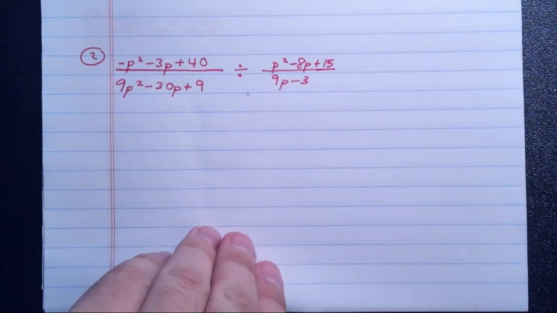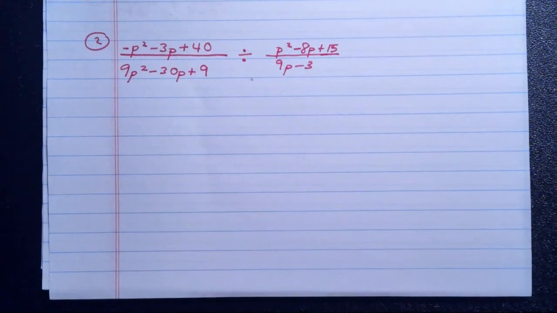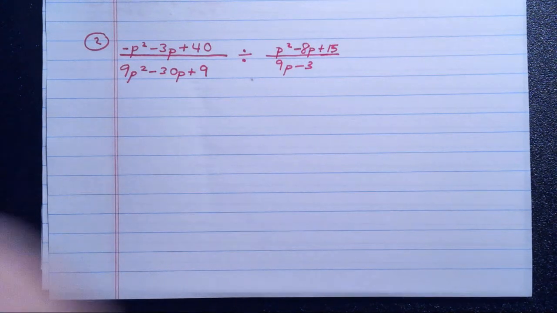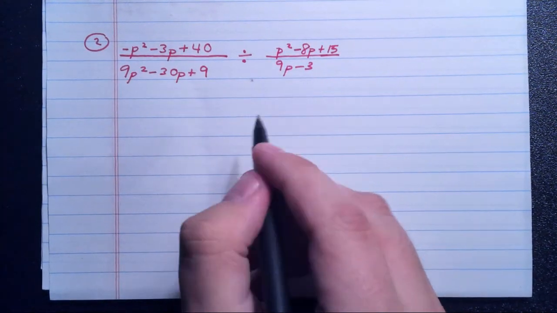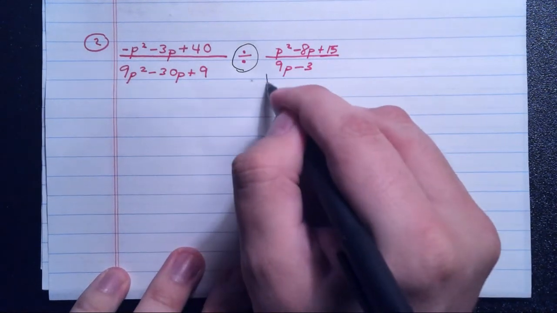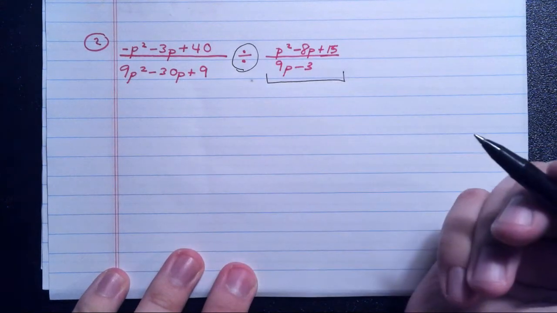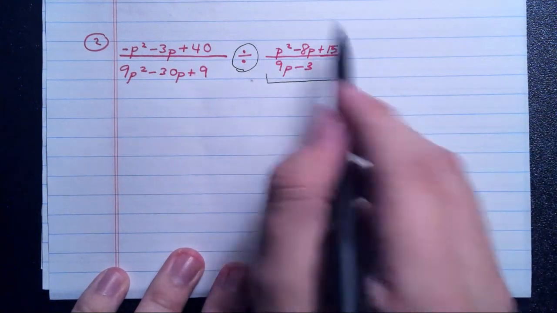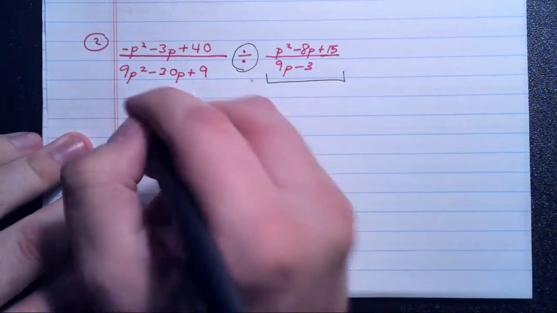So in order to understand this problem, and again, if you need to pause and copy this down, go ahead and do so. In order to understand this problem, I know that dividing by a fraction means I'm actually multiplying by the reciprocal. So I need to pay attention to this division, and I'm dividing by this particular expression. So the first thing I'm going to do is rewrite this so it's a multiplication problem.